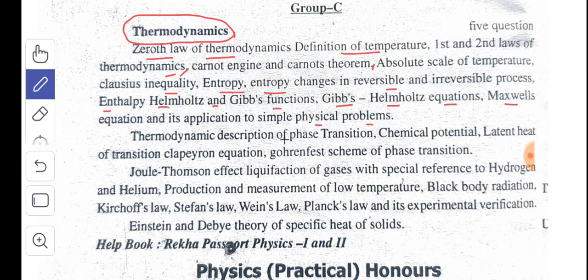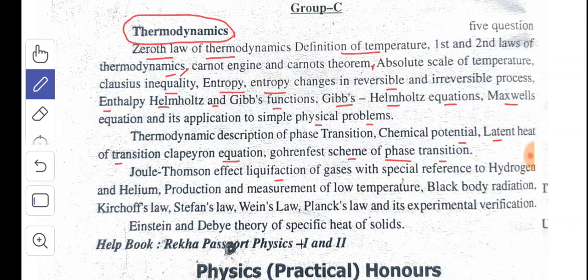Thermodynamic descriptions of phase transitions, chemical potential, latent heat of transitions, Clapeyron equation, Ehrenfest scheme of phase transitions, Joule-Thomson effect, liquefaction of gases with special reference to hydrogen and helium, production and measurement of low temperature, black body radiation, Kirchhoff's law, Stefan's law, Wien's law, Planck's law and its experimental verifications, Einstein and Debye theory of specific heat of solids.